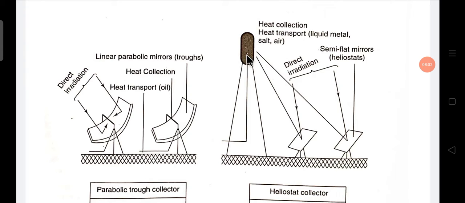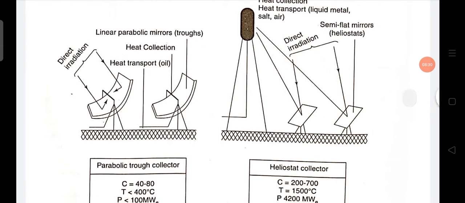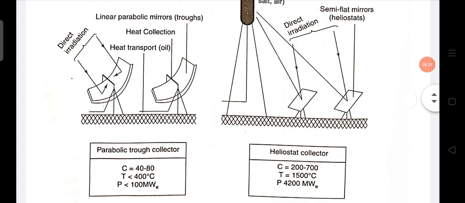These small mirrors are placed at an angle so that they focus the falling radiation onto the absorber. Heliostat mirrors only use direct radiation, and this is also a focusing, or concentrating, collector, so the concentrating power C is 200 to 700.